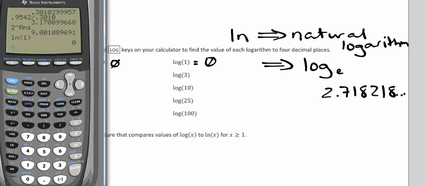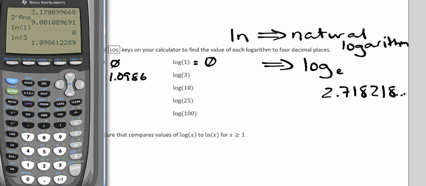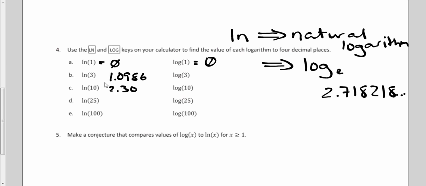Let's do natural log of 3. 1.0986. Let's do natural log of 10. And I get 2.3026.